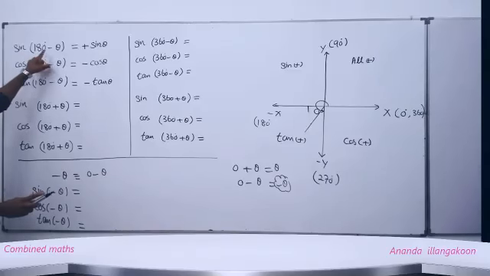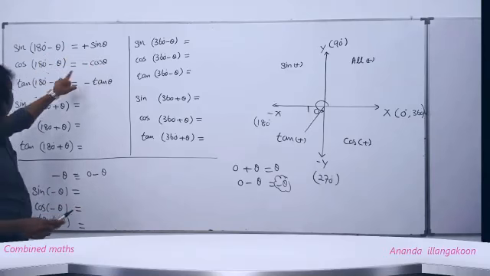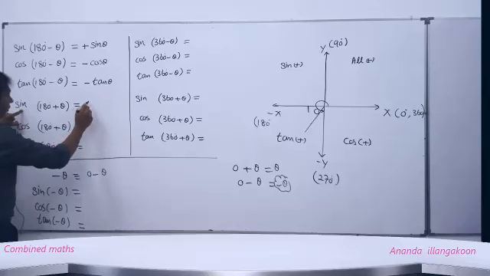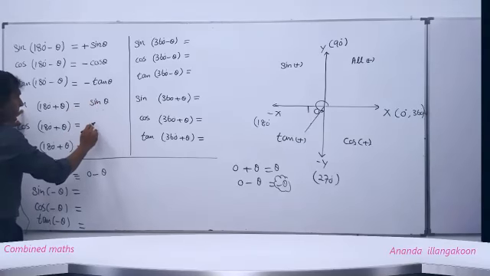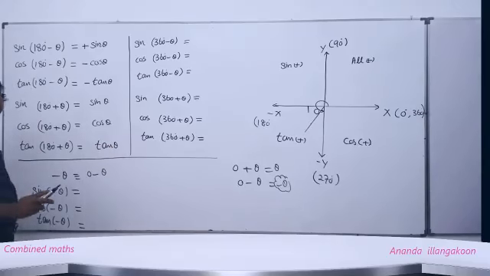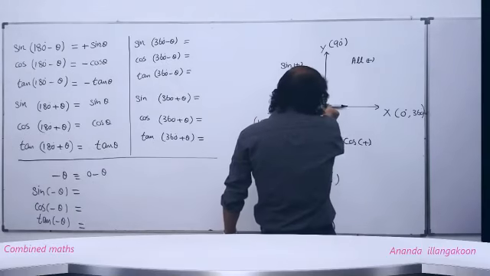Then sin 180 minus theta is plus sin theta, cos 180 minus theta is minus cos theta, tan 180 minus theta, people, is minus tan theta. Okay, here sin theta, cos theta, tan theta. 180 plus theta. 180 is this, people.